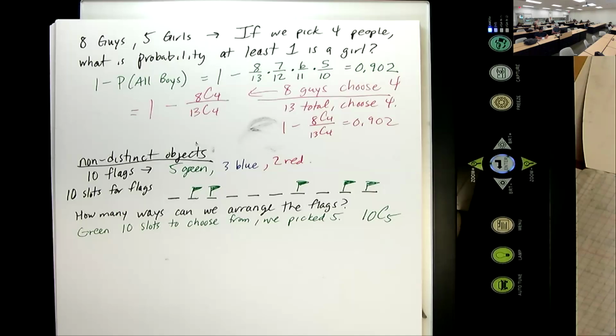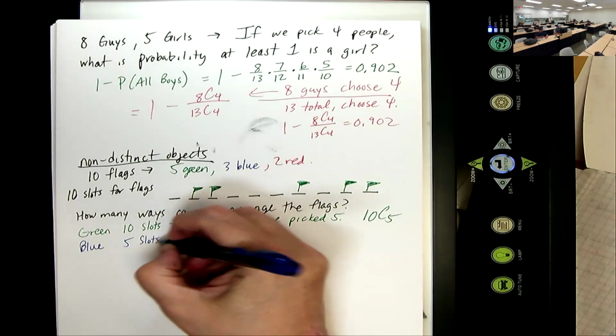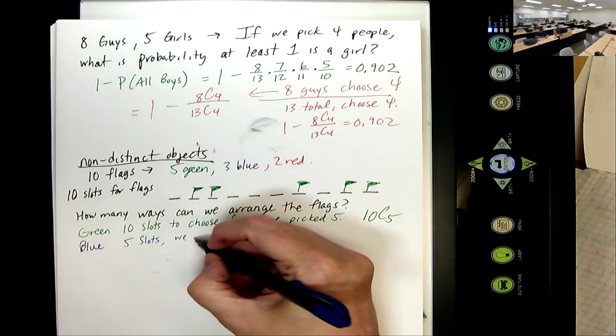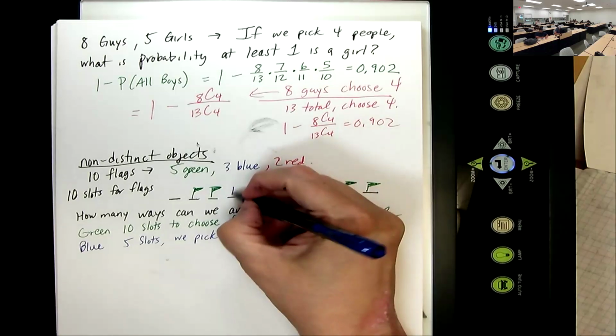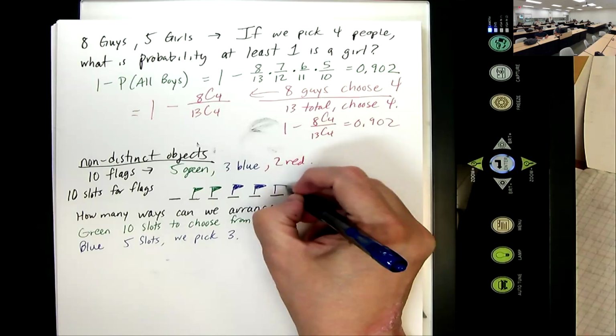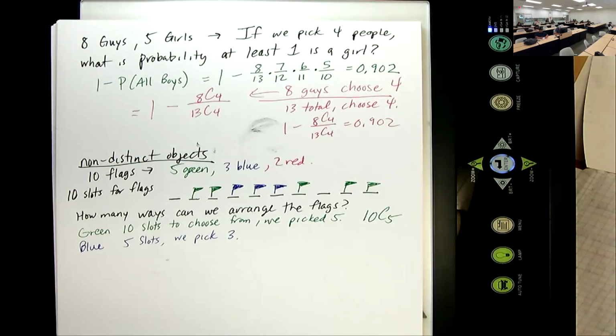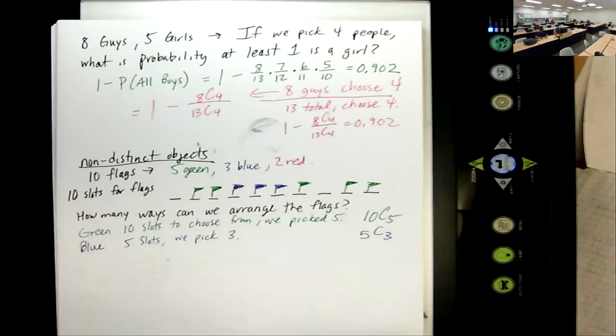Then we do our 3 blue flags. We've got 5 slots to choose from, and we pick 3, because we've got 3 flags. And let's just say by random chance, we get the 3 that are right next to each other. I'm just filling them in. This would be 5 choose 3.